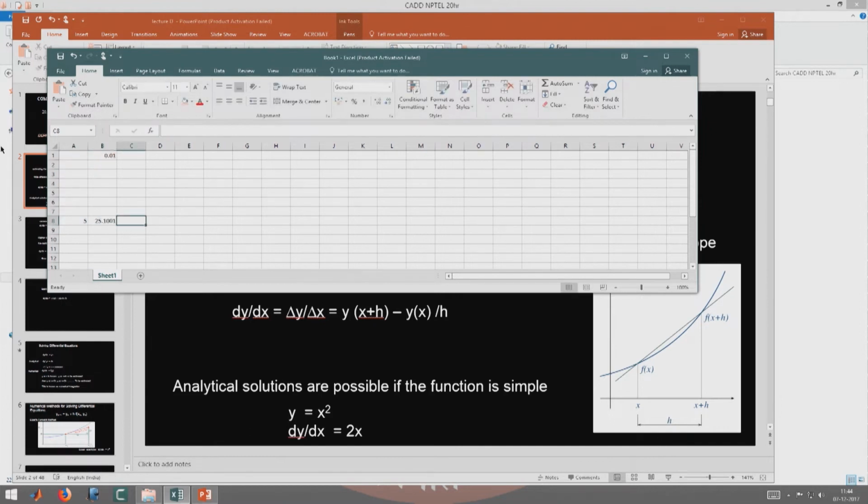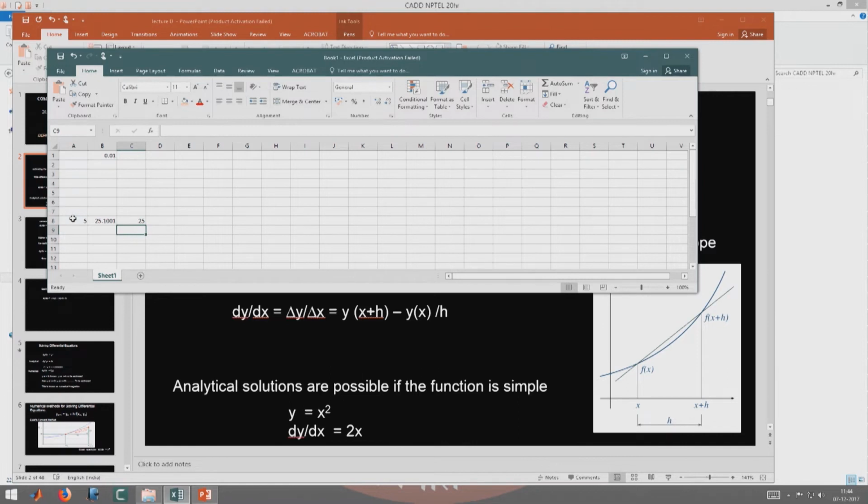So, this is at x plus h, because it is x square, we calculate 5 plus 0.01, that is your h, and this is at x. So, that is equal to 5 raised to the power 2.